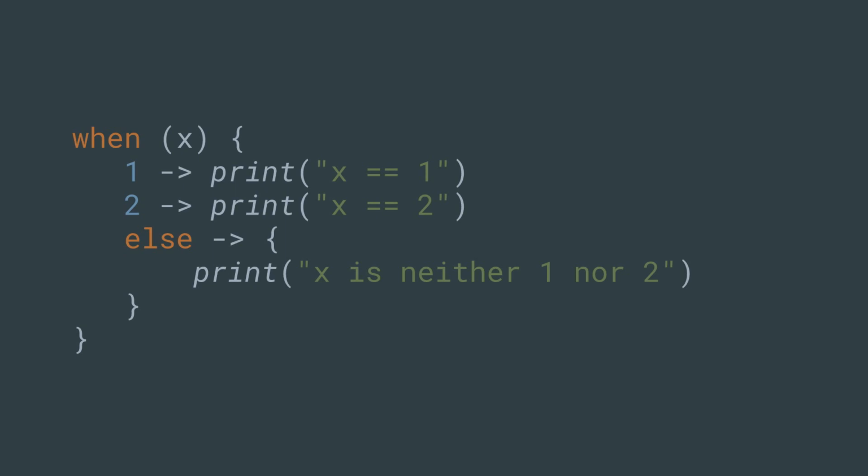It also has some other nice properties: instead of just matching on the actual value of x, you can ask it questions about x. You can do, for instance, when x, where x is of some type you don't know. You can do when x is a string, do something. When x is an int, do something. When x is something else, do something else.